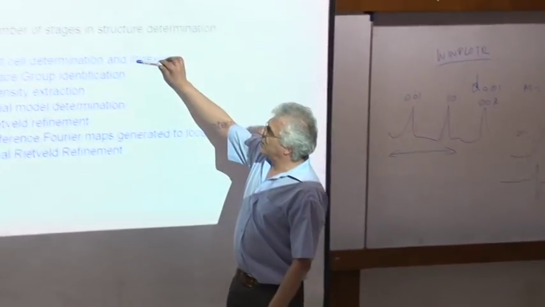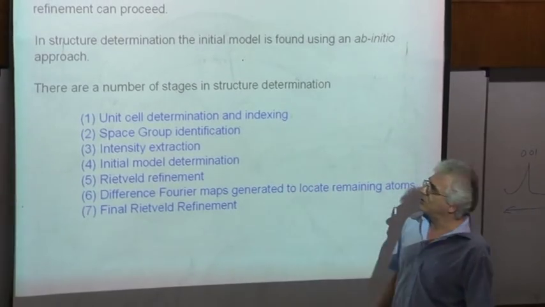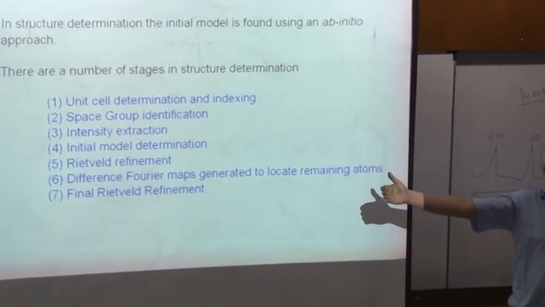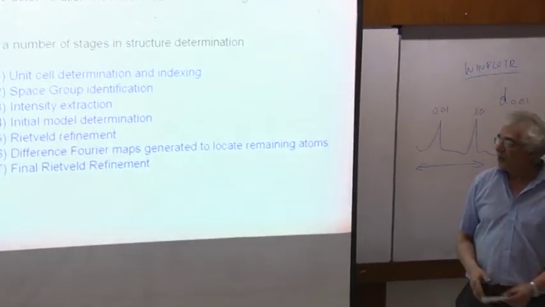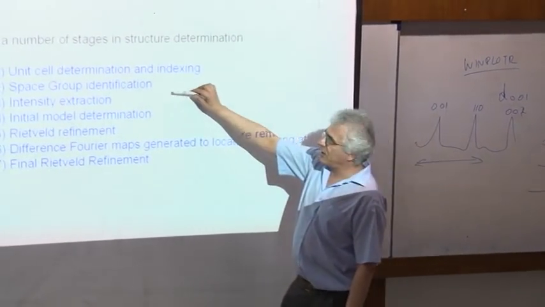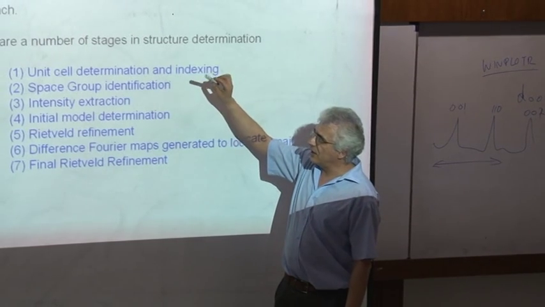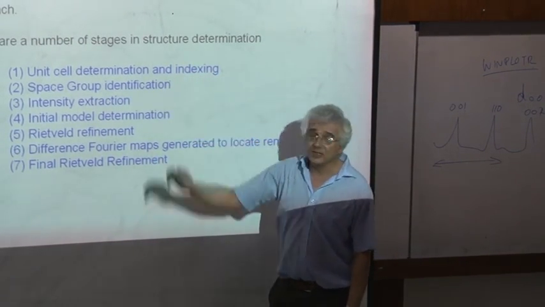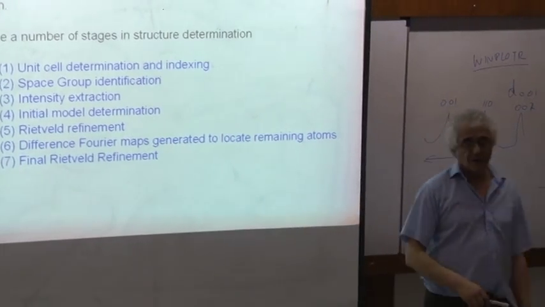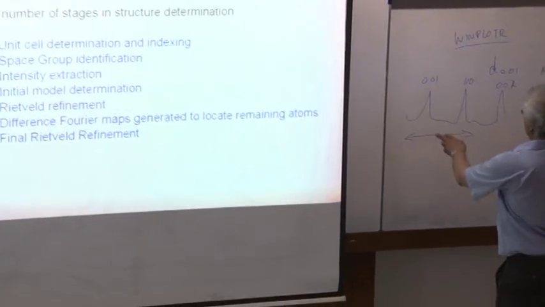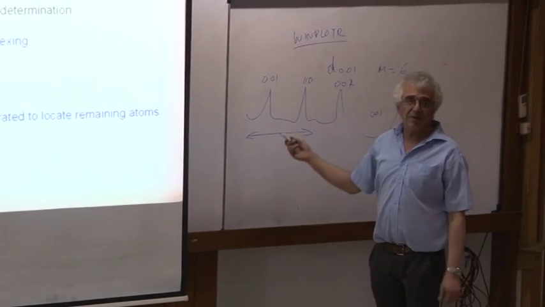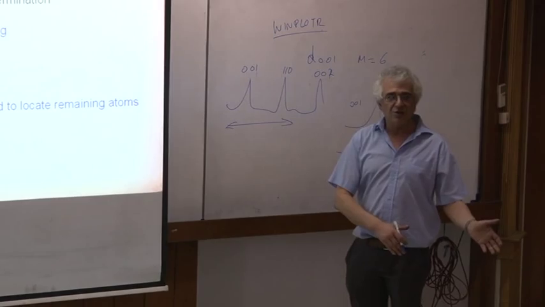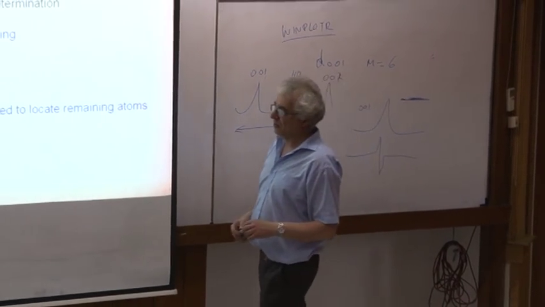So, the first stage would be unit cell determination and indexing, just like we've done up to now. Then space group identification through systematic absences, then intensity extraction. You have to extract the intensities of each of these peaks, divide them by the multiplicity, and have a guess at whether it's centrosymmetric or non-centrosymmetric.